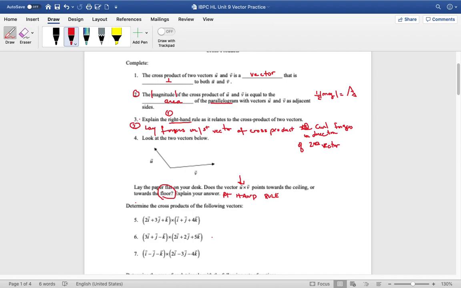Right-hand rule. So what if I asked you about V cross U?